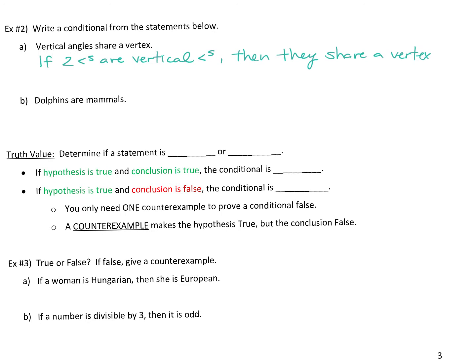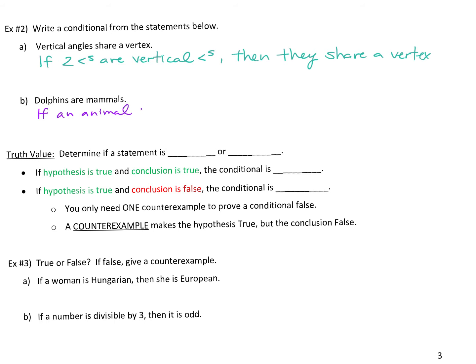Letter B. Dolphins are mammals. How can you make that an if-then statement? Yeah, John. If it's a dolphin, then it's a mammal. Right. So again, the subject thing. What's it, right? If an animal, instead of calling it, that would be a more specific way.